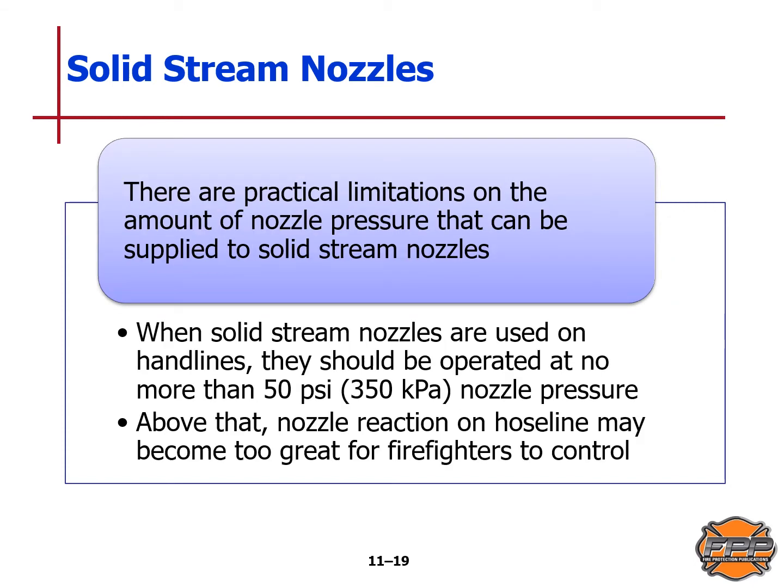There are practical limitations on the amount of nozzle pressure that can be supplied to a solid stream nozzle. When a solid stream nozzle is used on a handline, it should be operated at no more than 50 psi, or 350 kilopascals, of nozzle pressure. Above that, nozzle reaction on the hose line may become too great for firefighters to control.